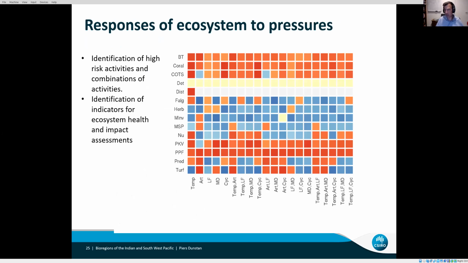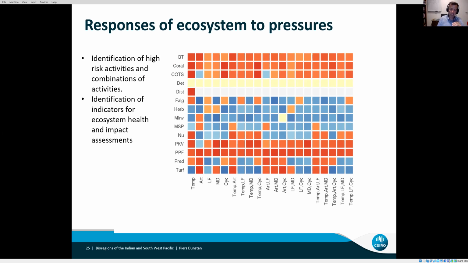And then for every one of those ecosystems, and there are hundreds of these ecosystem descriptions, so I can't go through them all this evening, we have a table that looks like this, where you can see listed on the y-axis, in the vertical, each of the ecosystem components, and then along the bottom on the x-axis each of the pressures, and not only each pressure separately by itself, but particular combinations of pressures.